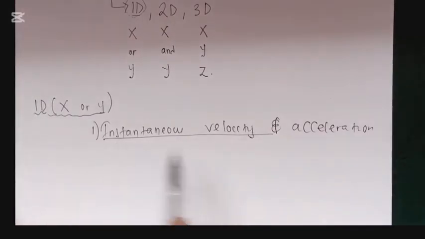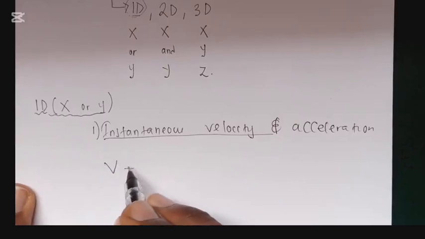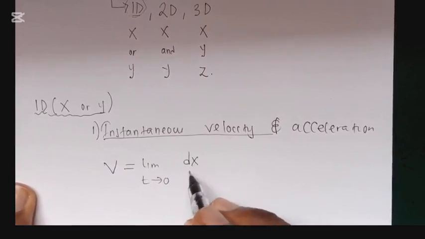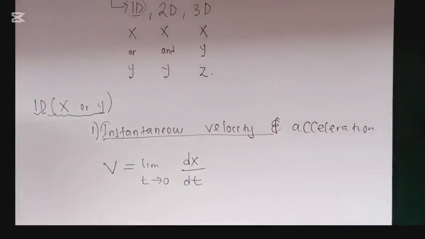Whenever I define instantaneous velocity, we say it is given by the limit as t approaches 0 of a small change in the displacement over a small change in time. So v is equal to the limit as t approaches 0 of dx over dt. What you are noticing is that t is approaching 0. Why? Since instantaneous velocity is the velocity at a particular instant, the value of t is going to be very small, to an extent that t will be approaching 0.